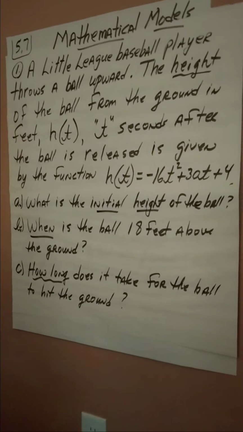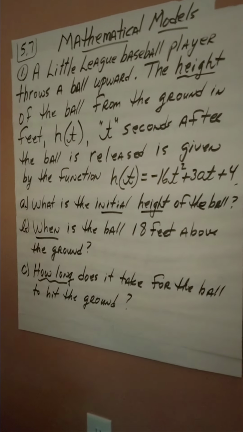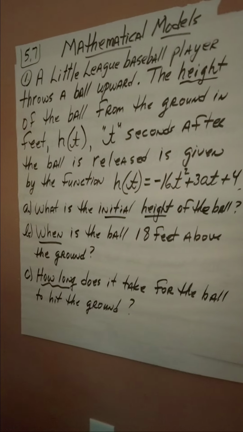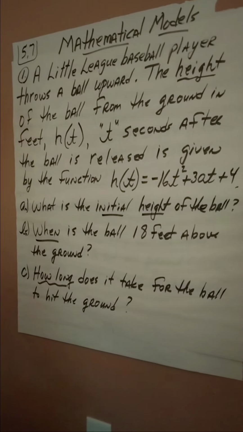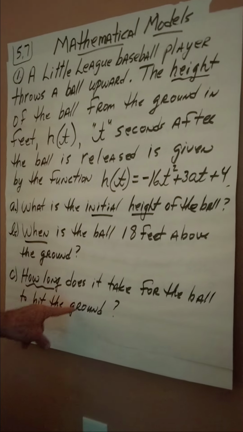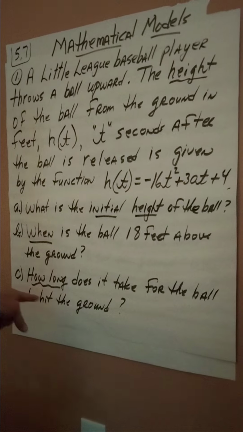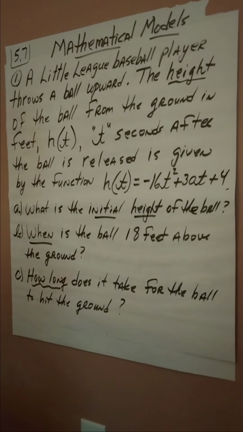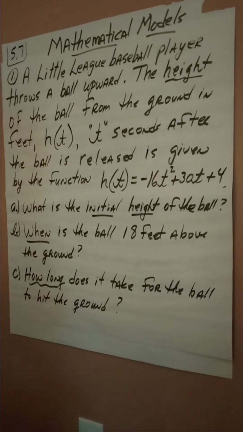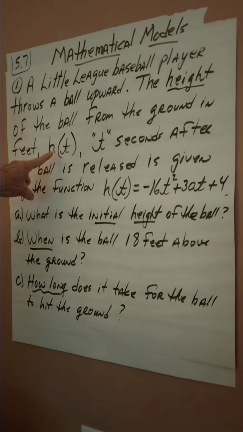And this is the concerning one. And I understand why it's a concerning one, because it's a little bit more abstract. It's not giving you a designated number of feet off the ground. It just says, how long does it take for the ball to hit the ground? I take you back to this.